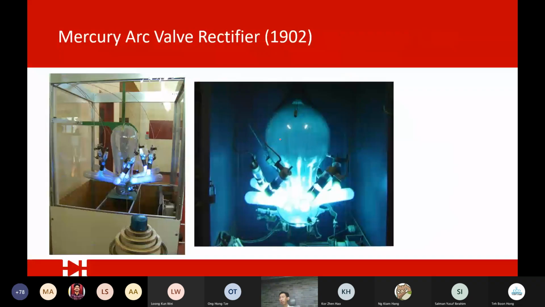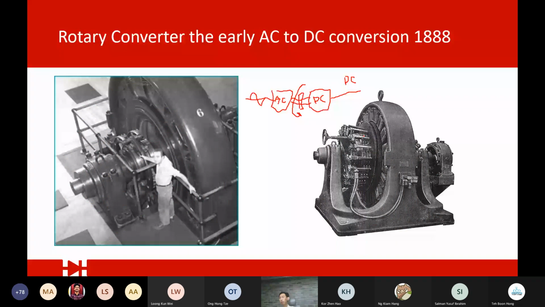Then as time moved on, into the early 1900s, they no longer used the mechanical approach, because mechanical had a lot of losses. There are already losses from electrical to mechanical power, and from mechanical power back to electrical power.